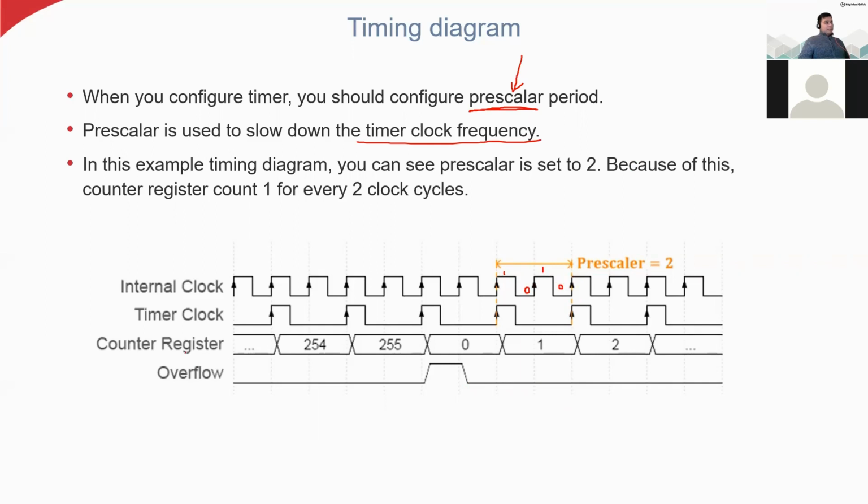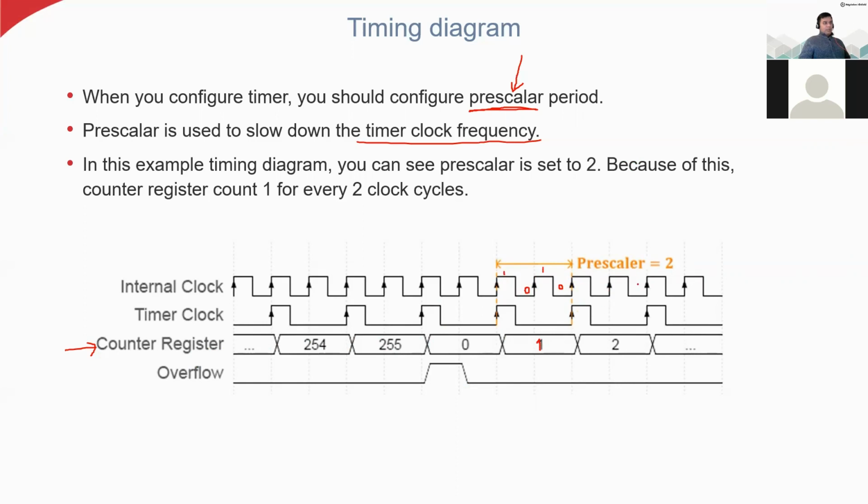So it means the counter will count once for every 2 internal clock cycles. Here you can see the counter register counting. For example, here it's decimal number 1, and it's not changing immediately after this one ends.